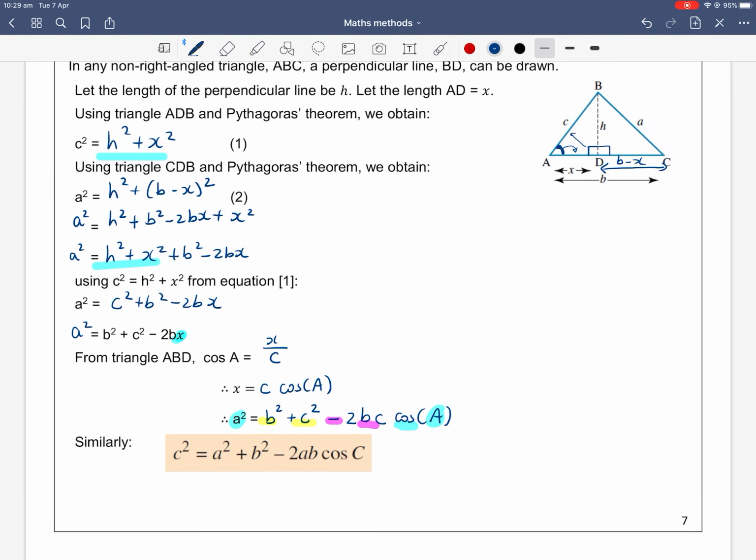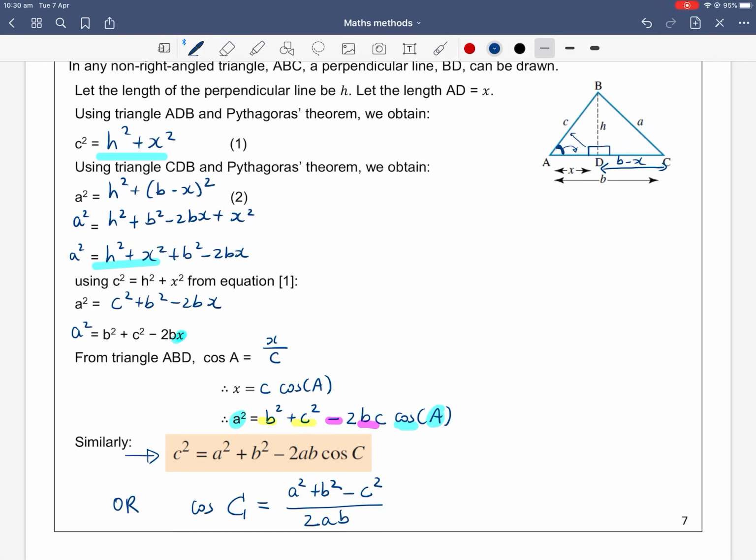Most of the time the textbooks would write it in the form c squared equals a squared plus b squared minus 2ab cos C. I tend to prefer to memorize it in the rearranged version, which says cosine of the angle of interest C is: you add the other two sides squared, you take away your side squared, and you divide by 2 lots of the other two sides.